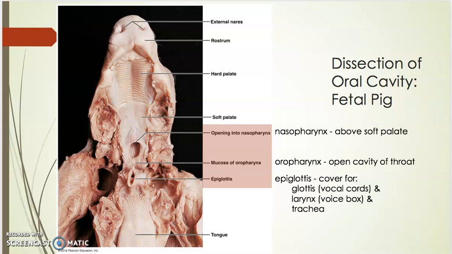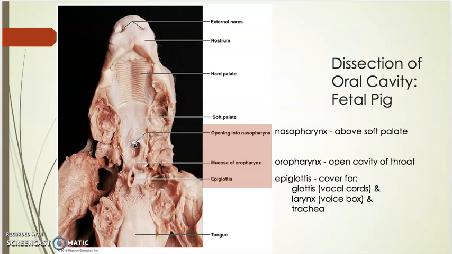The pharynx is known as the throat, and there can be a prefix with that. The nasopharynx is the oral cavity, but it is connected to the nasal cavity. So it's called the nasopharynx. This is the opening into the nasopharynx.